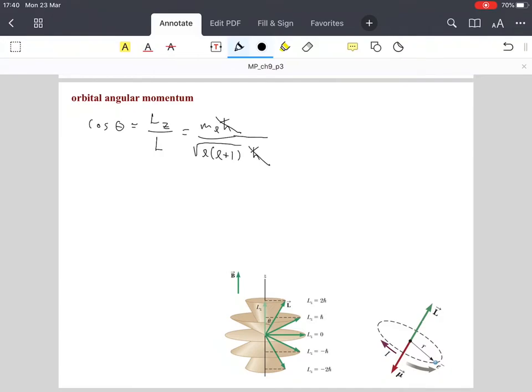So the h bars cancel. They already look like they canceled because they've got a bar through them, but this then gives you ml over the square root of L times L plus 1.